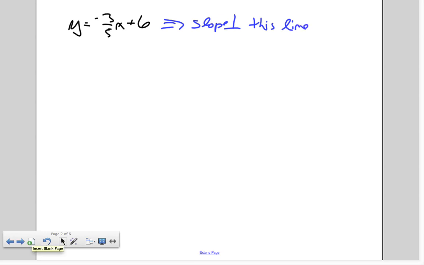So if y is equal to minus 3/5 x plus 6, what is the slope perpendicular to this line? What is the slope that's perpendicular to this line? Katie. 5/3.